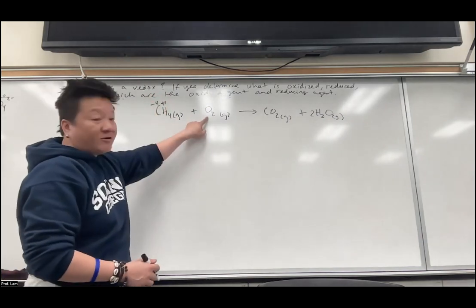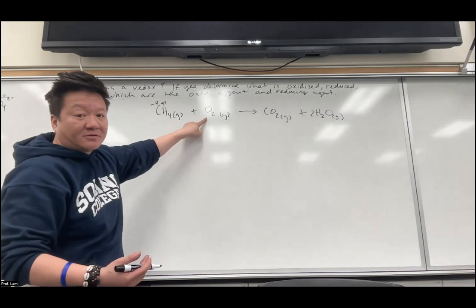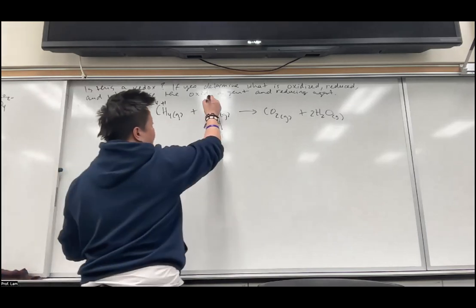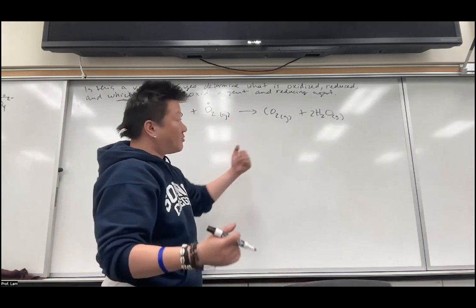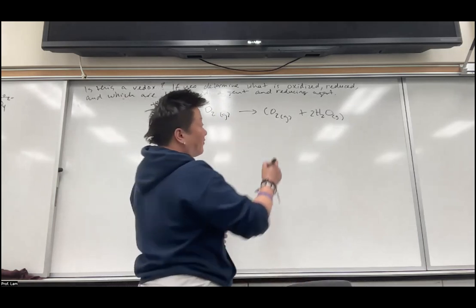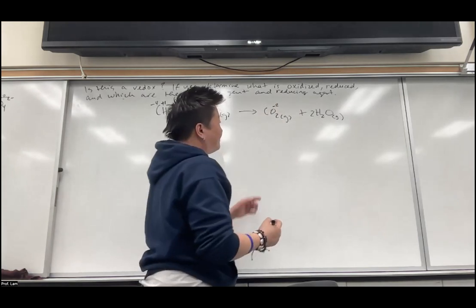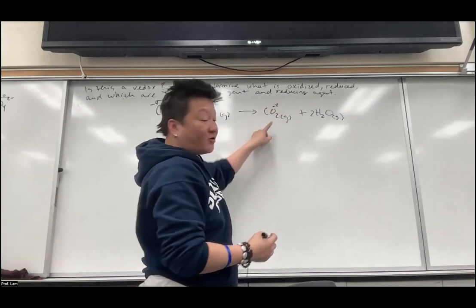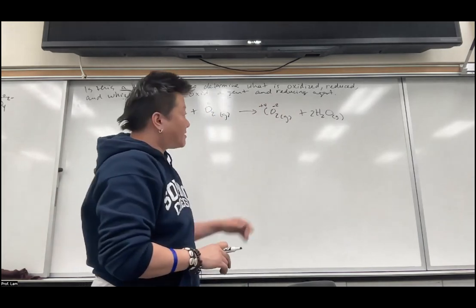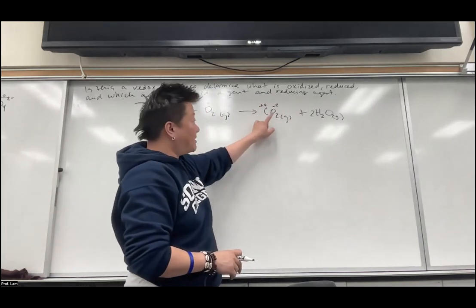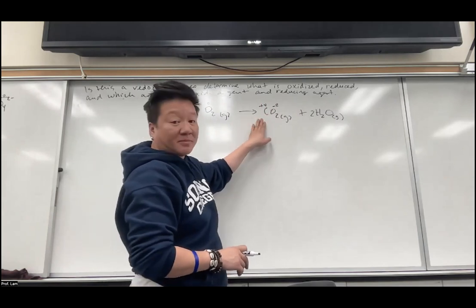And here, oxygen is elemental, just one type of atom, so it's going to be 0. On this side, CO2, between carbon and oxygen, oxygen first. That'll be -2. -2 times 2 is -4, so carbon has to be +4, because they have to be neutral.